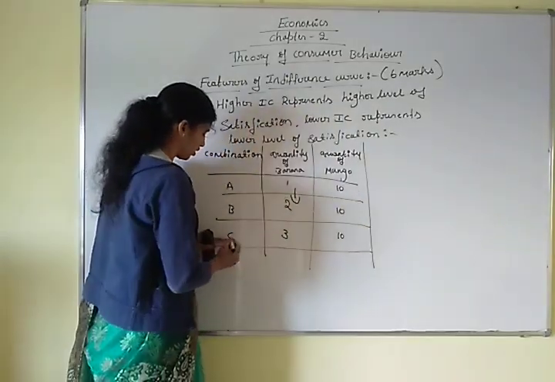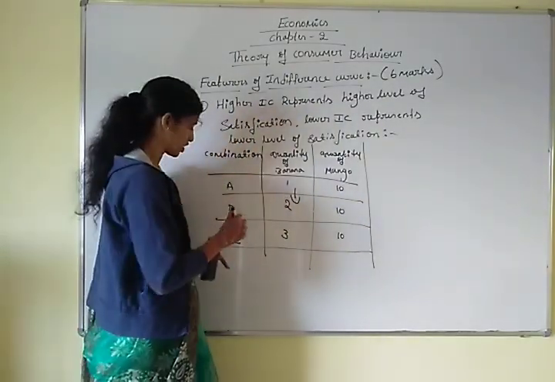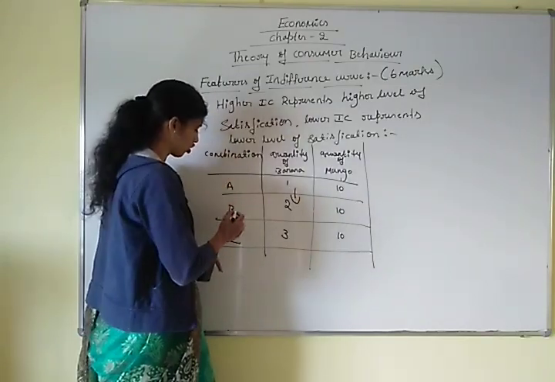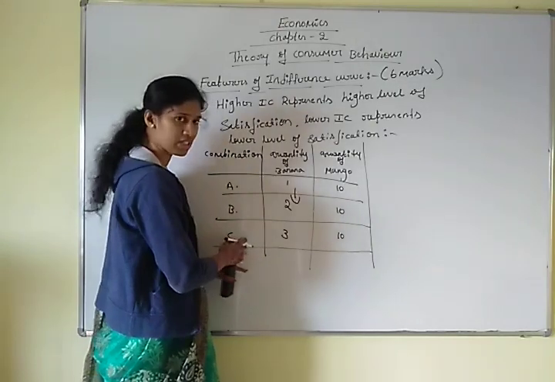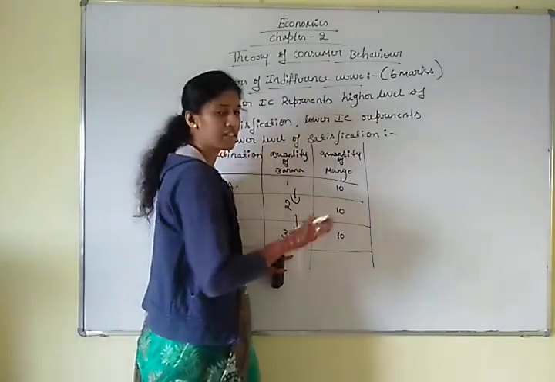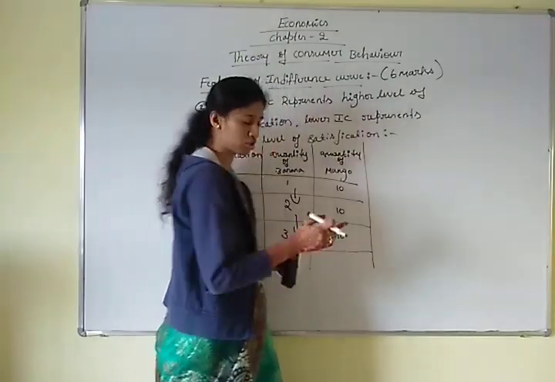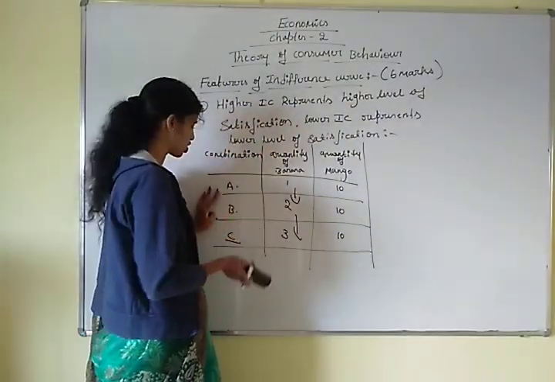Again, combination C gives more level of satisfaction compared to combination B and combination A because combination C has more bananas. It is 3 bananas and same level of mangoes. So therefore, combination A is the lower level of satisfaction.